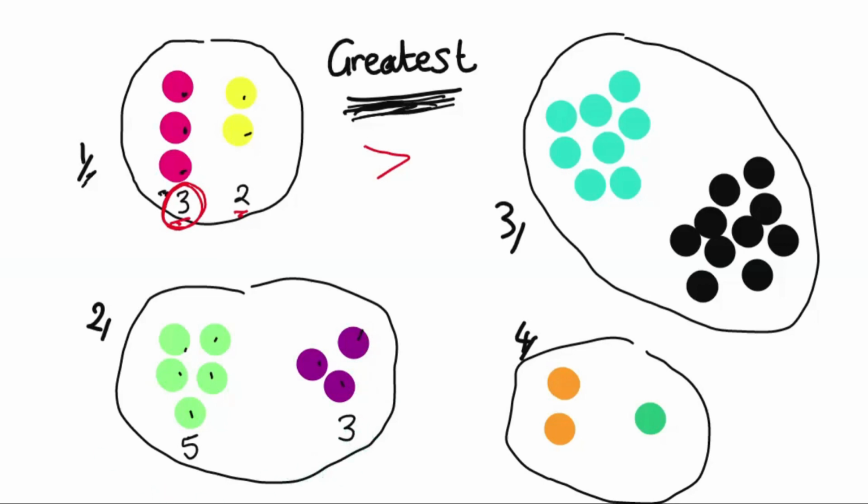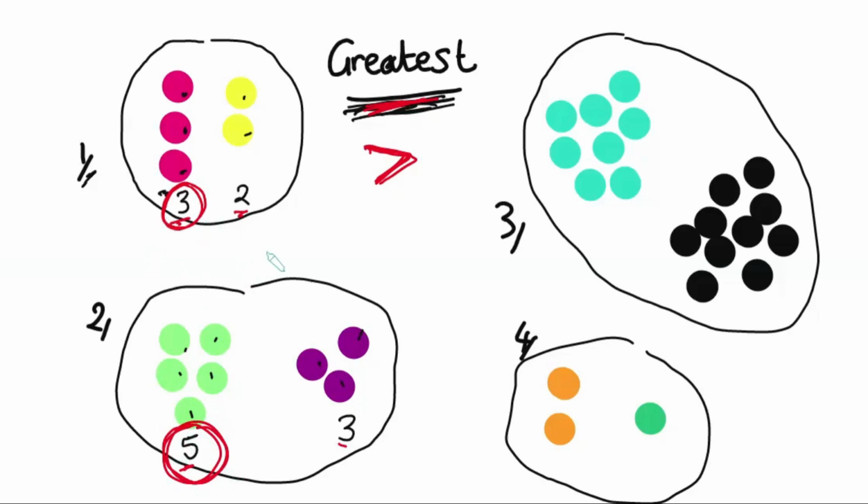Now we need to circle which number of dabs is the greatest, which number is more. We know that 5 is more than 3. So we're going to pop a circle around our number 5. Oh, this is so easy.